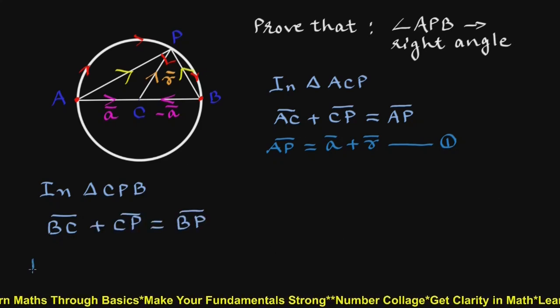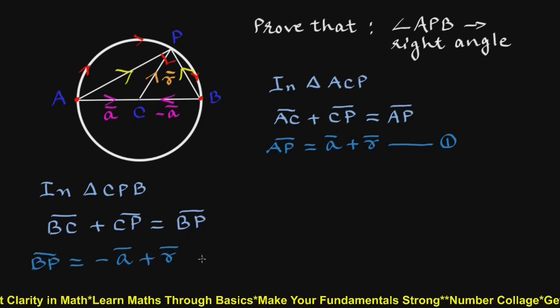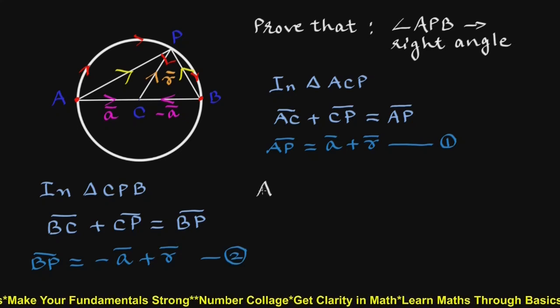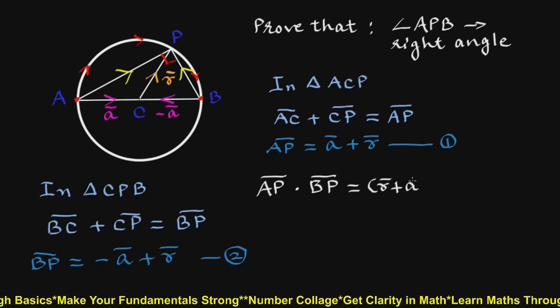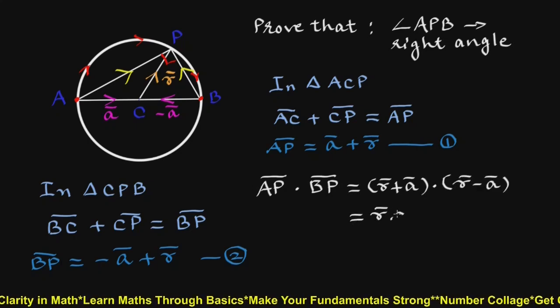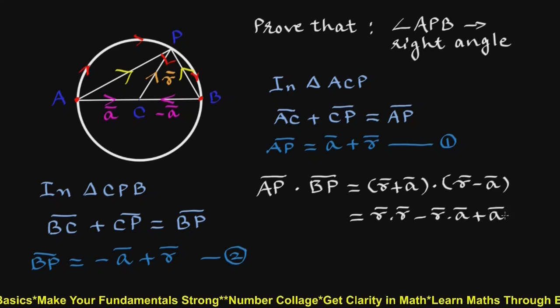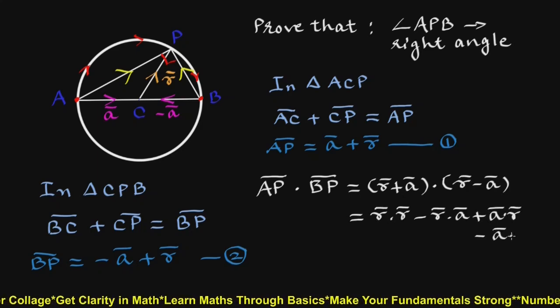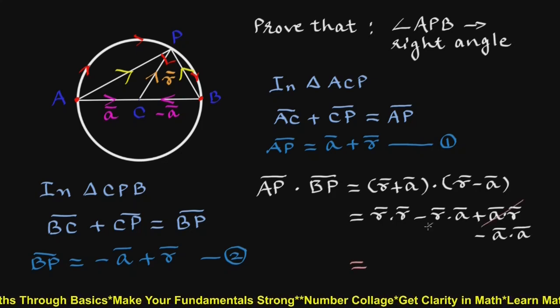So BP bar will be minus A bar plus R bar. We name this 2. Now AP bar dot BP bar will be (R bar plus A bar) dot (R bar minus A bar), which is R bar dot R bar minus R bar dot A bar plus A bar dot R bar minus A bar dot A bar.